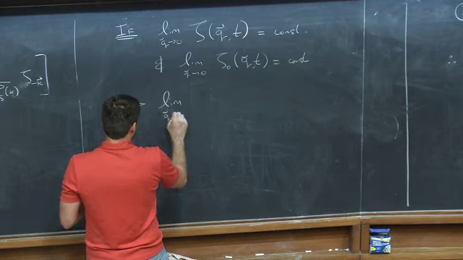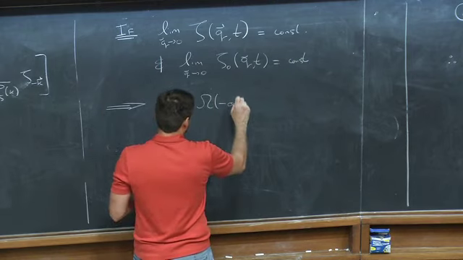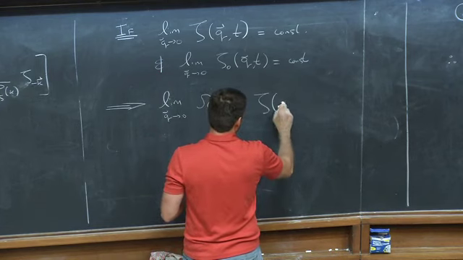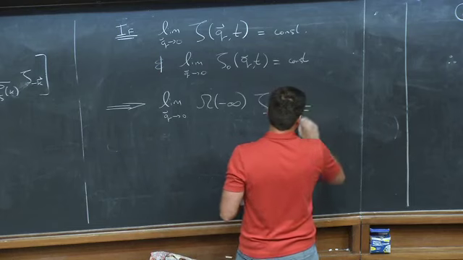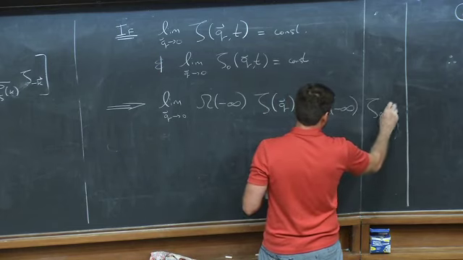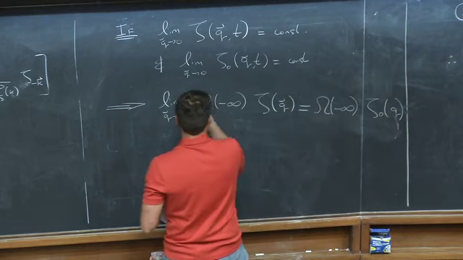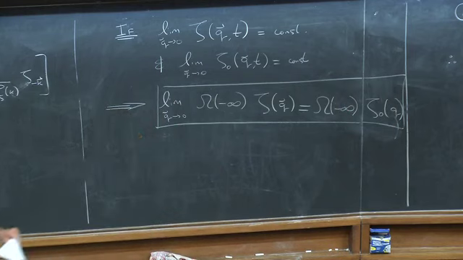Namely, the limit as q goes to 0 of omega: if I bring a modular operator past zeta, I turn it into the free zeta. So this is where the assumption of constancy of zeta comes in.